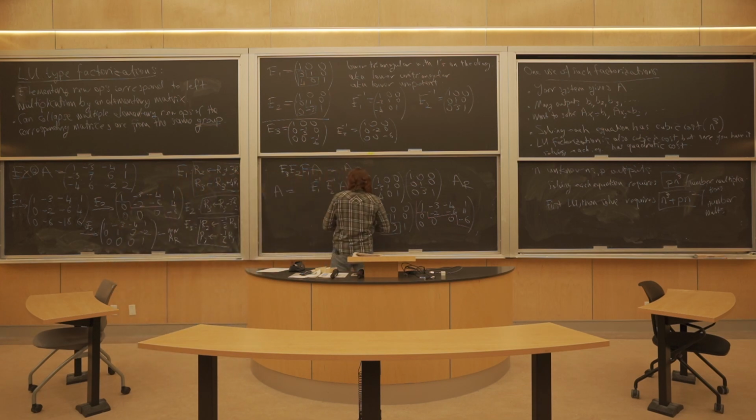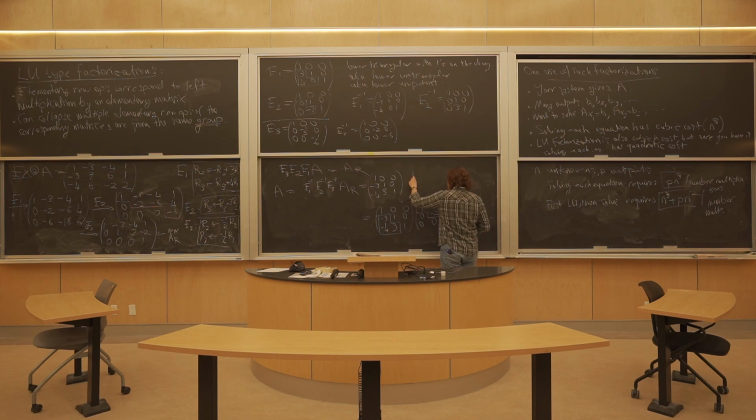And now this is true. And you see, this time E3, or rather its inverse, is closest to the end result, and then E2 inverse, and then E1 inverse. We already computed this. It is this product. Let me erase it. 1, 0, 0, minus 3, 1, 0, minus 4, 3, 1.